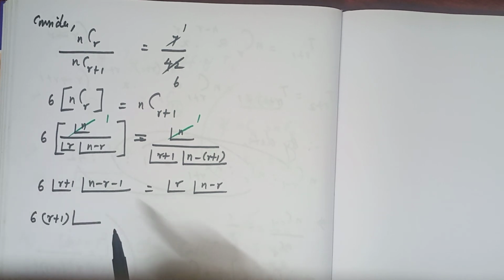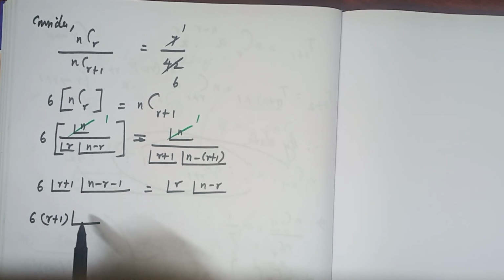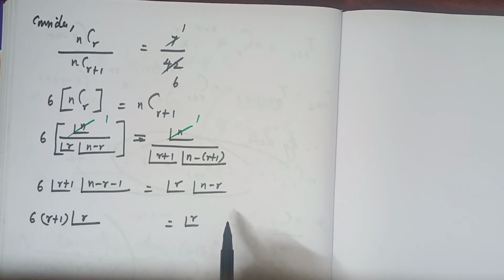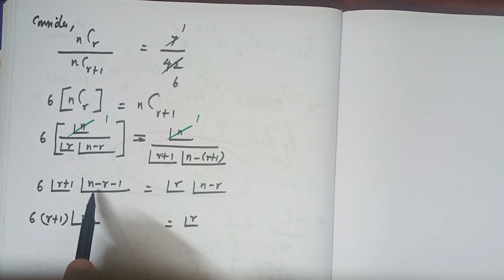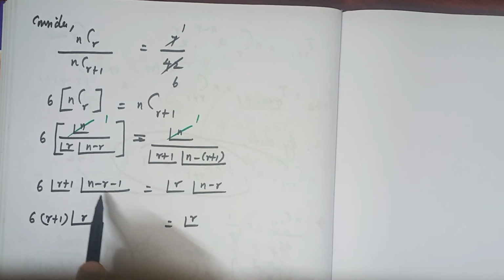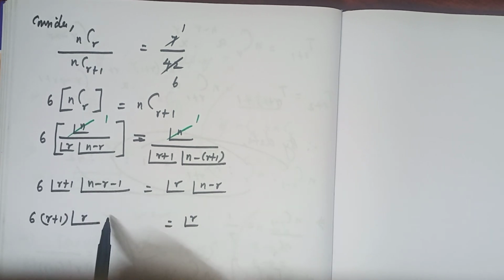Inside the factorial you have to reduce 1. If you reduce 1, you will be getting only r. Now write this r factorial as it is. Here n minus r minus 1 factorial, this is n minus r. Which one is greater? This is obviously greater, because here n minus r, here n minus r minus 1. So this is greater. The smaller one has to be written as it is without changing.